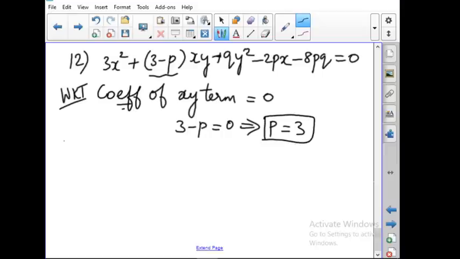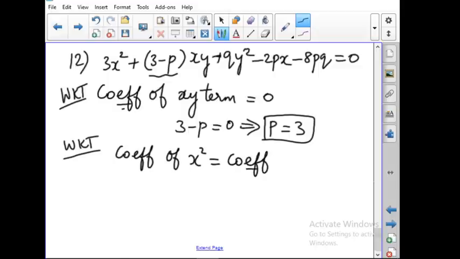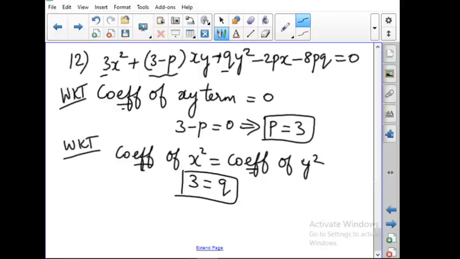Next, we know that from the general form of the circle, the coefficient of x square is equal to the coefficient of y square. So what is the coefficient of x square? 3, and here it is q. So 3 is equal to q. So we got the answer for p and q.